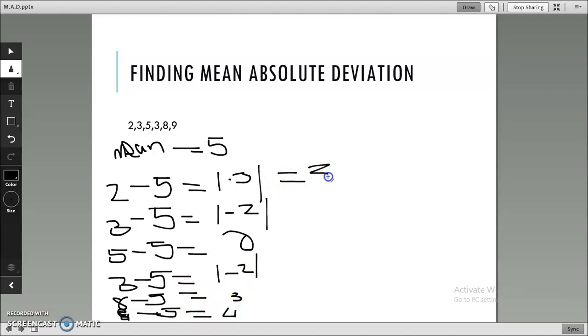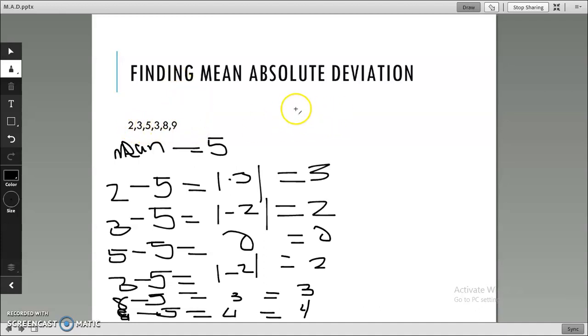So that's 3, 2, 0, 2, 3, and 4. I'm going to add those up. So it's 3 plus 2 plus 0 plus 2 plus 3 plus 4, and divide that again by 1, 2, 3, 4, 5, 6.